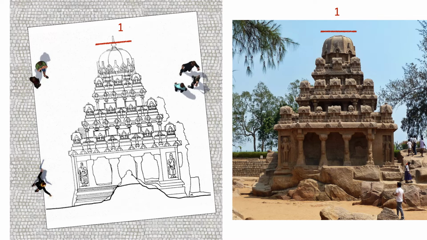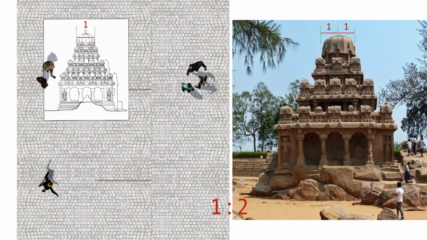So again, we are back to 1:1 with this building of ours. Now suppose we wanted to make it half the size of the building. In this case, the shikhara on paper would be half the size of the actual one. This would mean that 1 unit on paper represents 2 of the same unit on the actual building.